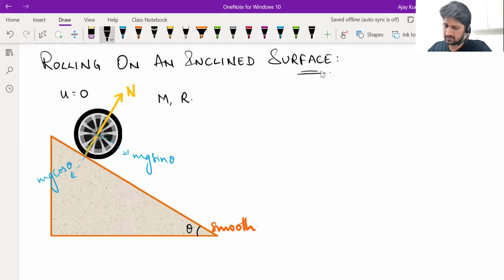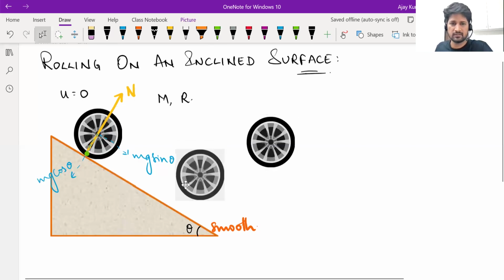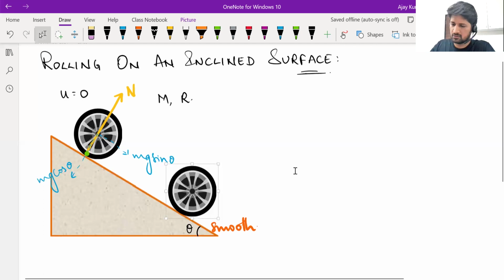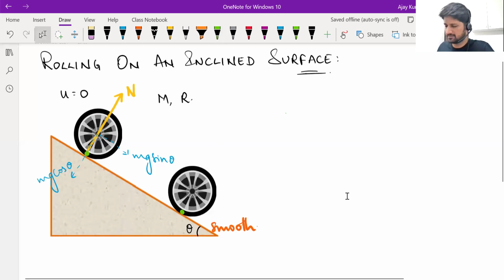It cannot rotate. So it will simply slide down. If you mark a point of contact, the same point of the object will always be in contact with the surface. So it simply slides down under the influence of mg sin theta and its acceleration will be g sin theta.